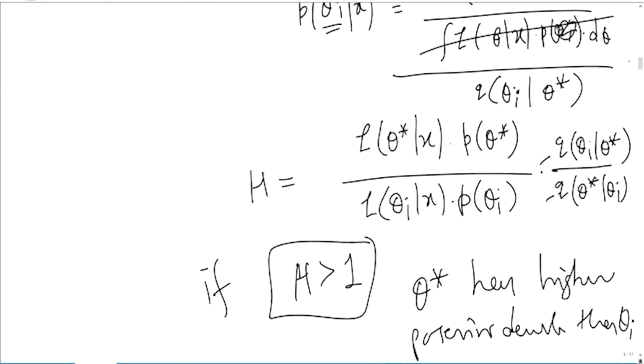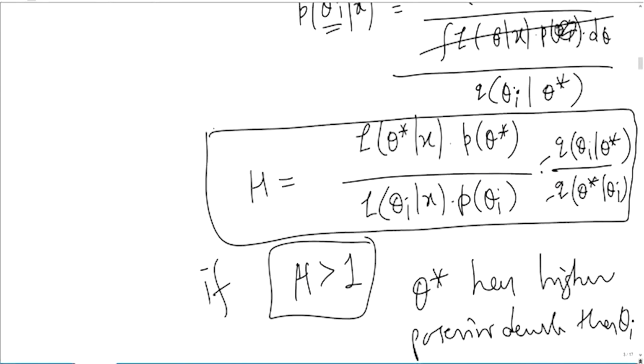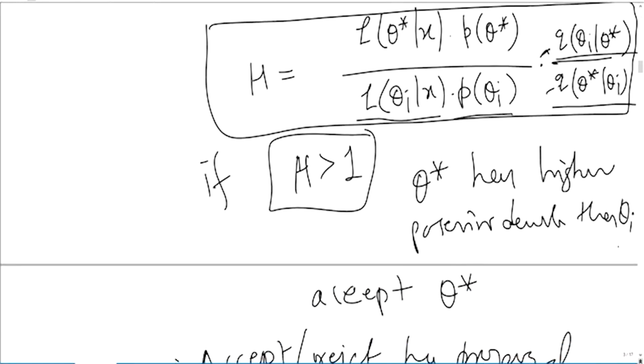The Hastings ratio is the likelihood times prior for theta star, times the backward density kernel q of theta I given theta star, divided by the likelihood of theta I, the prior density of theta I, where theta I is the current state of the chain, and the forward transition q of theta star given theta I. So this is the Hastings ratio.